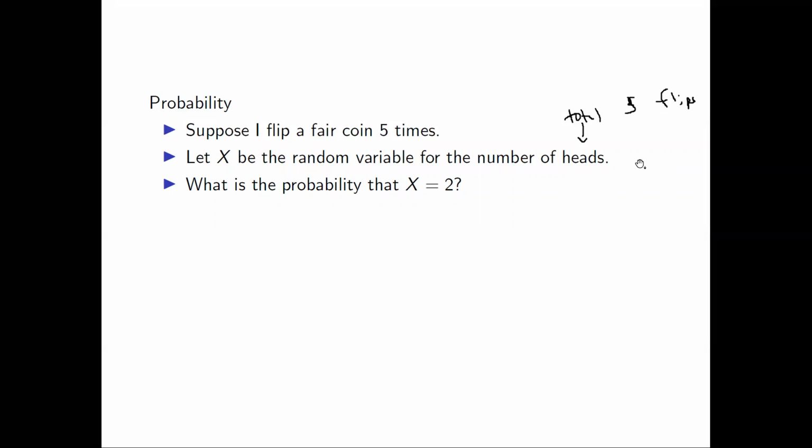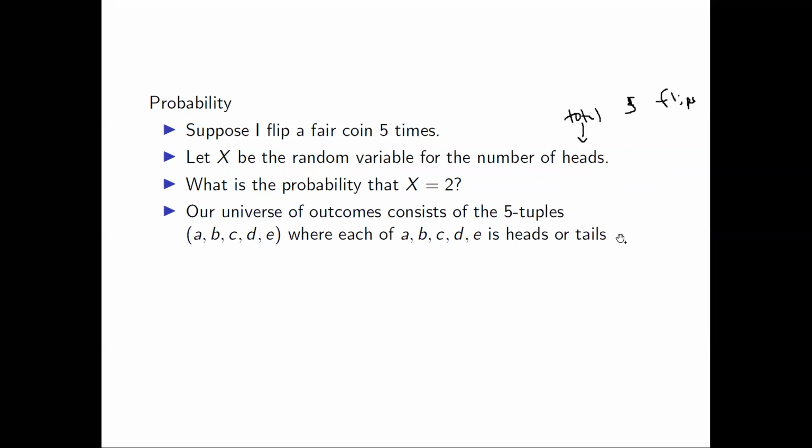So this time we can also define some outcomes that are equally likely. Our universe of outcomes will be 5 tuples this time. We'll name the entries A, B, C, D, E, the variables for the entries. Each of these variables, A, B, C, D, E, can be heads or tails. We have a total here of 32 outcomes. And each outcome occurs with probability 1 over 32.